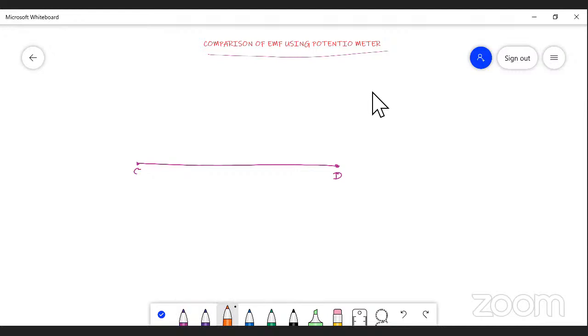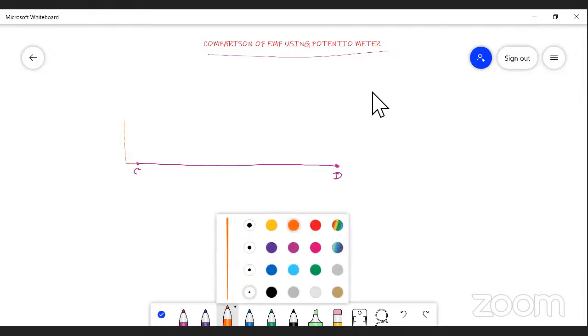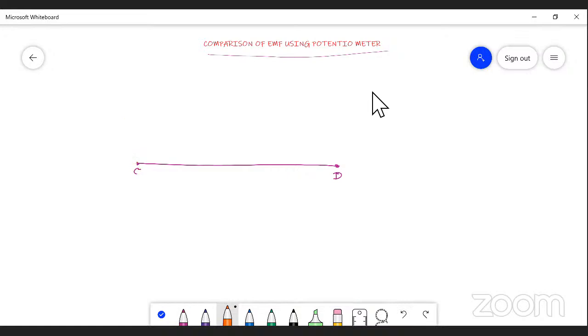Now, the terminal C is connected to the positive terminal of a battery. The negative terminal of the battery is connected to a key. Let me say this is a key K or K1 you can have.